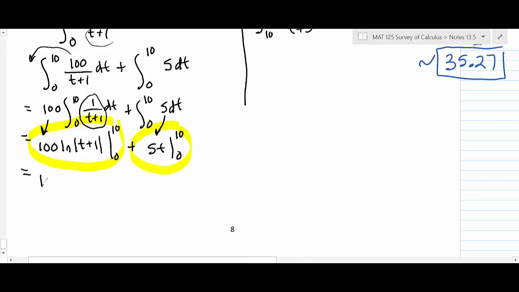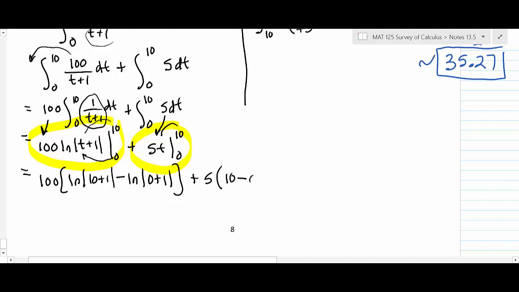On the first one we're going to do 100 times ln of 10 plus 1. You plug the upper limit in to get 10 plus 1, and then minus, plug the lower limit in to get ln of 0 plus 1. Then we have the second part of the problem, so we have plus 5 times 10 minus 0.